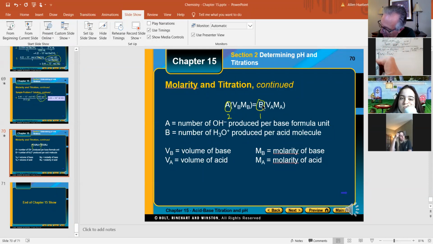Okay, how many OHs are there in this one right here? 2. Okay, there's 2. My volume of my base, 20.0 milliliters. What's my molarity of my base?